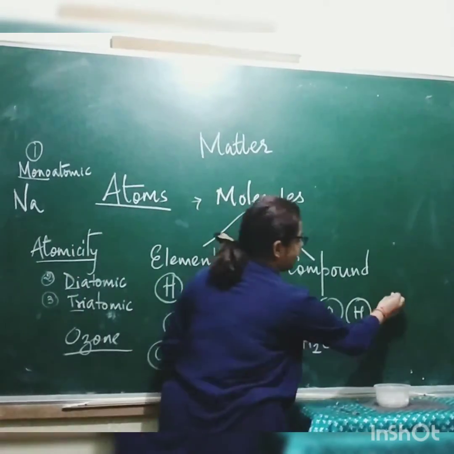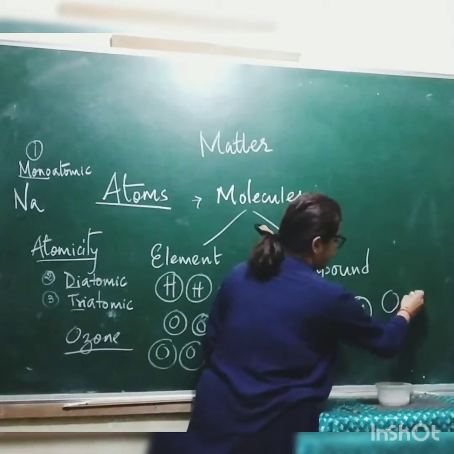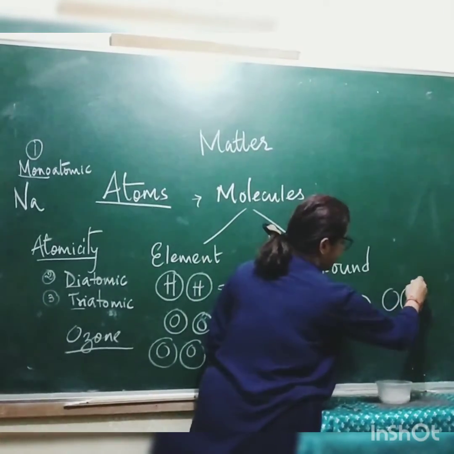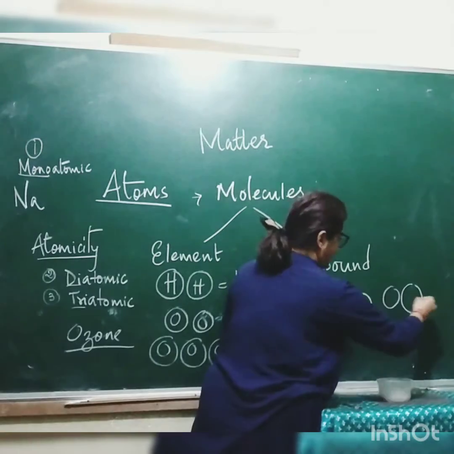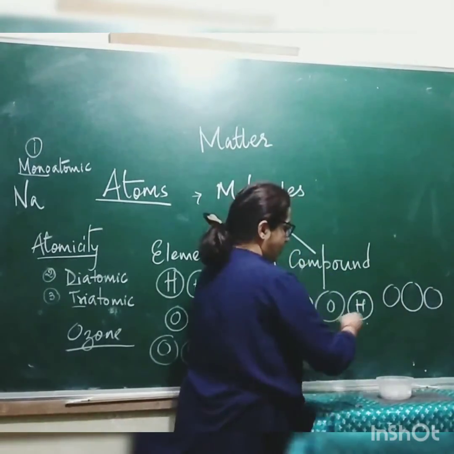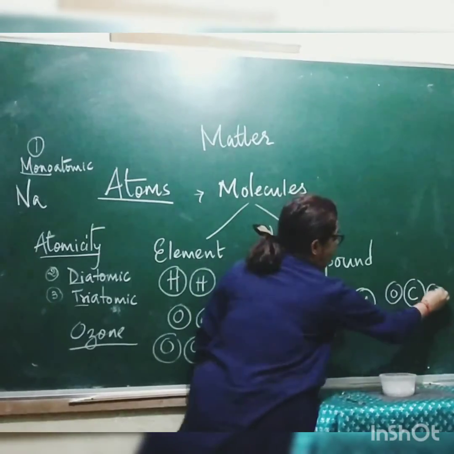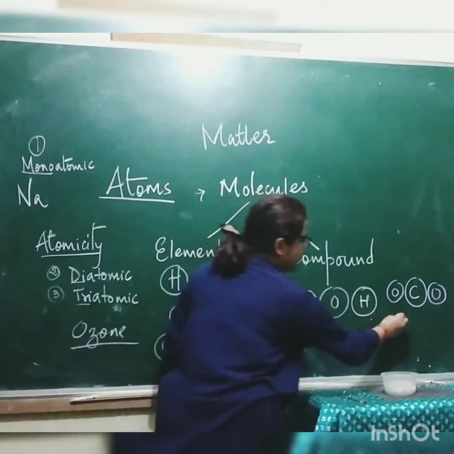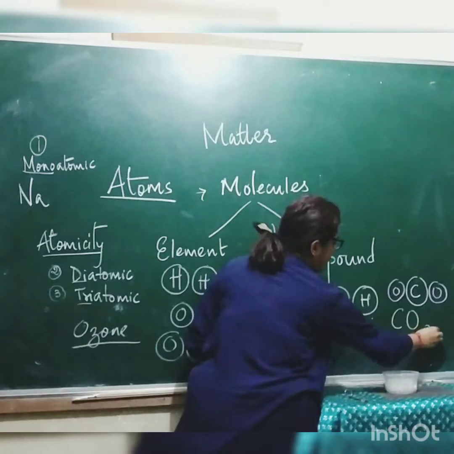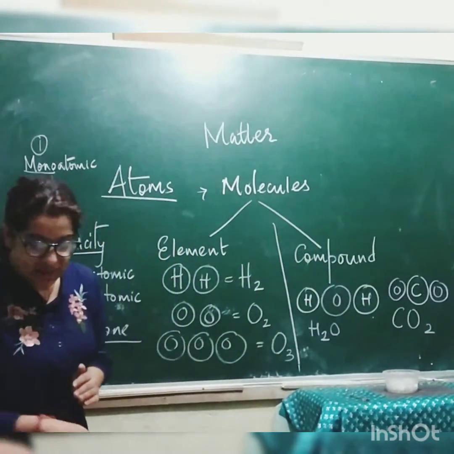Another one. A carbon atom combines with 2 oxygen atoms. So let's see what is it. Carbon dioxide.